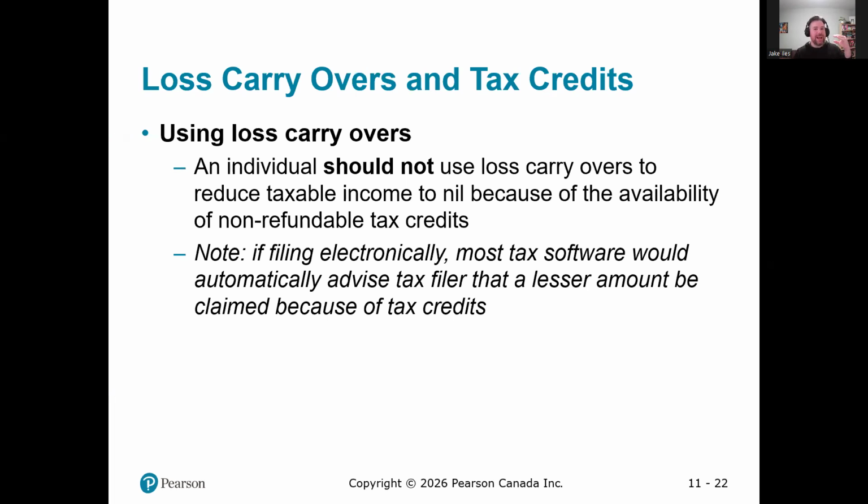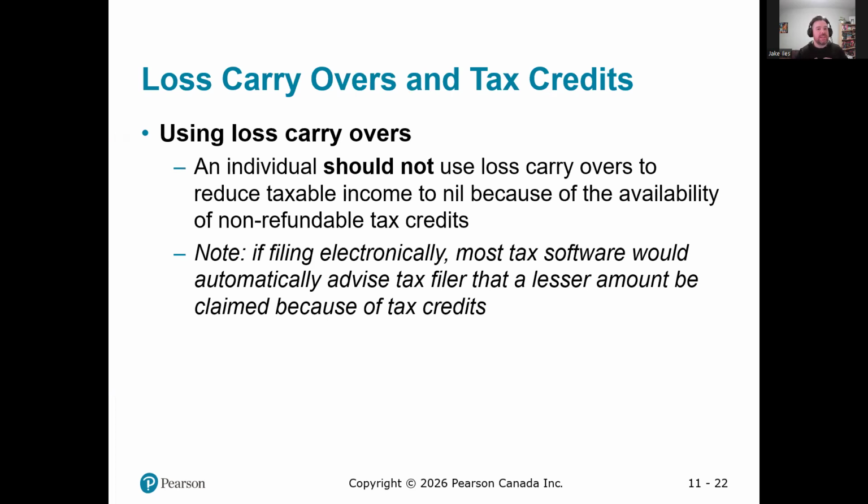So we'll figure out how much of our tax obligation will be covered by the tax credits, and then we'll only use our losses to get our income down to a level where the gross tax payable will match the tax effect of the credits we get to use.